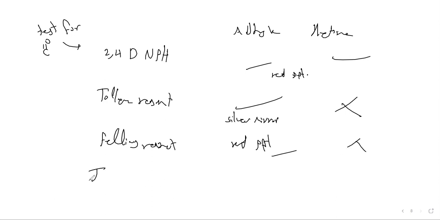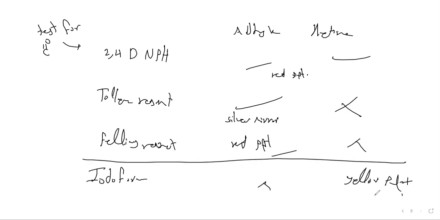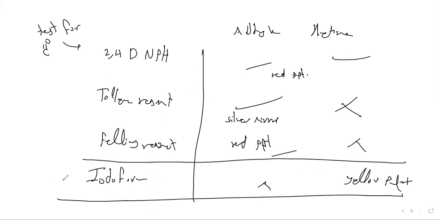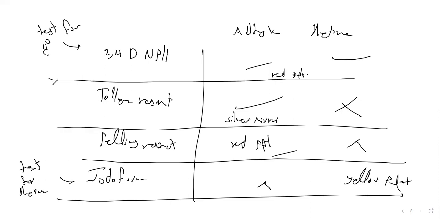In case of iodoform, it will form yellow precipitate and no reaction in aldehyde. So this reaction tests for ketones. And the other two reactions test for aldehydes.